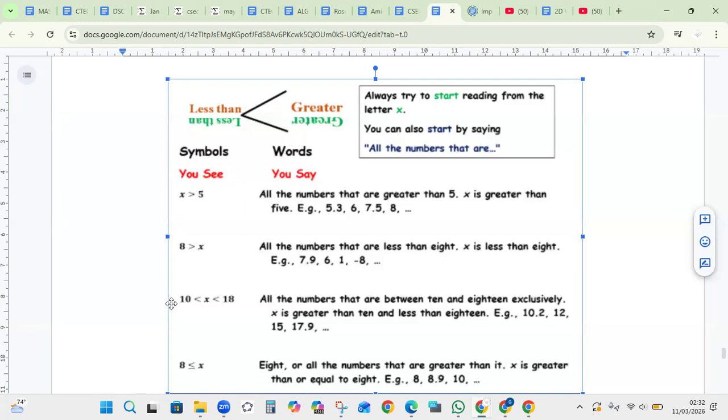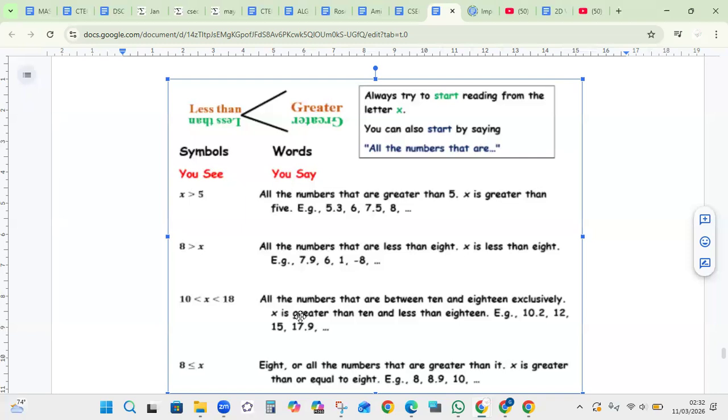Here's another one that is normally confusing. But if you follow the rule, start with the letter X, you start in the middle. So you see all the numbers that are more than 10 and they are less than 18. All the numbers that are between 10 and 18 exclusively.